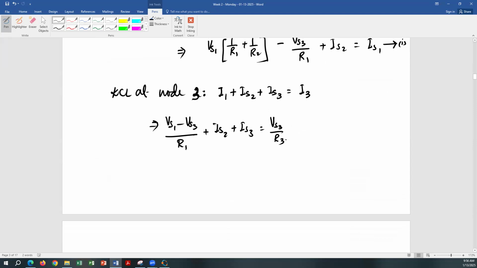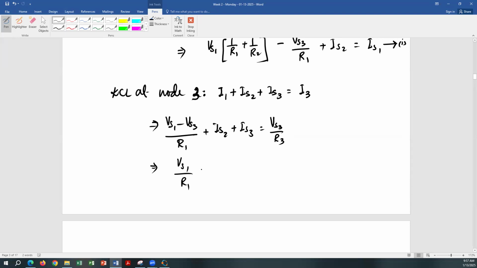Okay, so the unknowns are again Vs1, Vs3, and Is2. So let's write them down for our equation number 2. So Vs1 over R1, that's the only Vs1 term, so I don't have to show brackets. And then Vs3: I'm going to take this Vs3 on the left side of the equation.